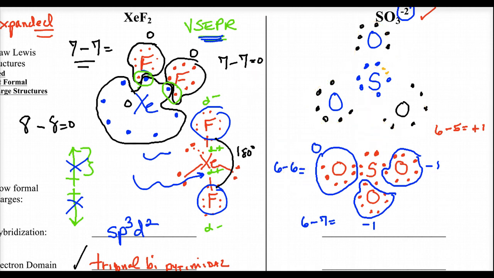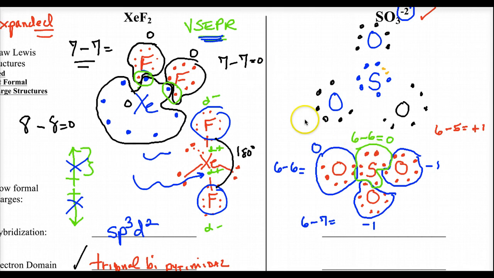So let's redo the sulfur. All of its lone pairs, half its bonding. We get 1, 2, 3, 4, 5, 6. Hey, 6 valence minus 6 assigned gives me 0. So by putting a double bond here, I have created a better structure by having 2 atoms with 0.